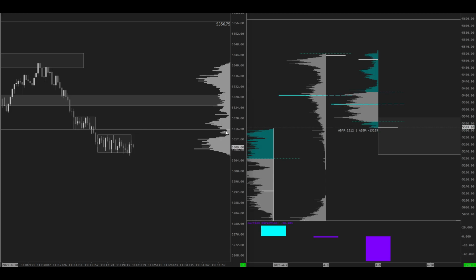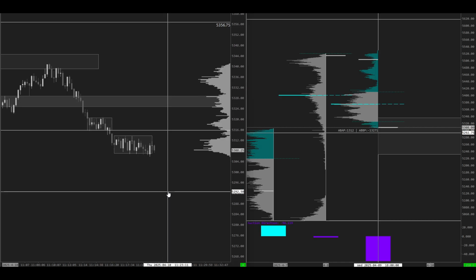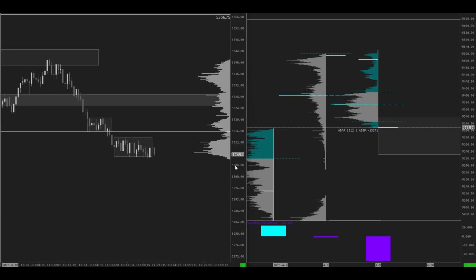See like low volume above, low volume node below, and then it's got the HVN, or high volume node, in this area. Tick chart allows you to see it in a granular manner. That's why I'm saying it's not so much about candlesticks. It's more like the pattern and the auctioning behavior.